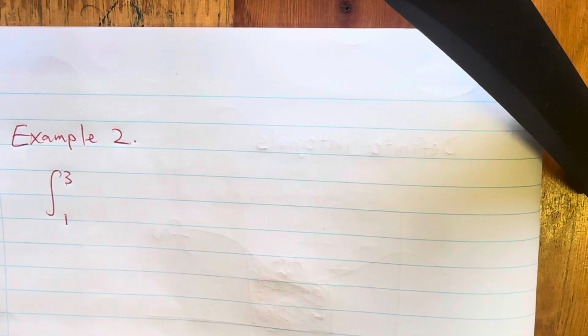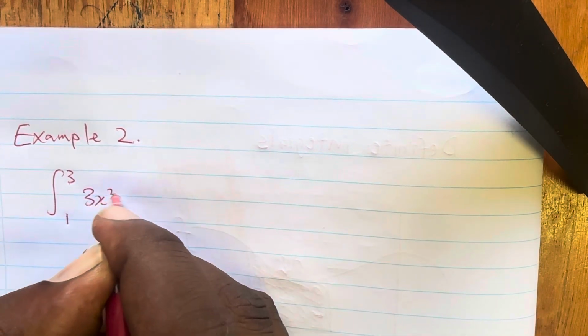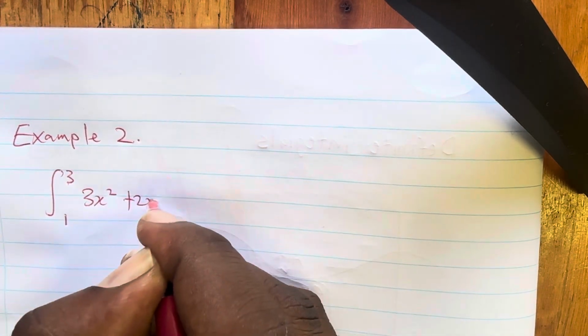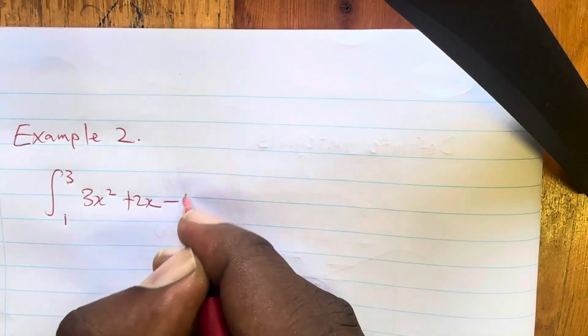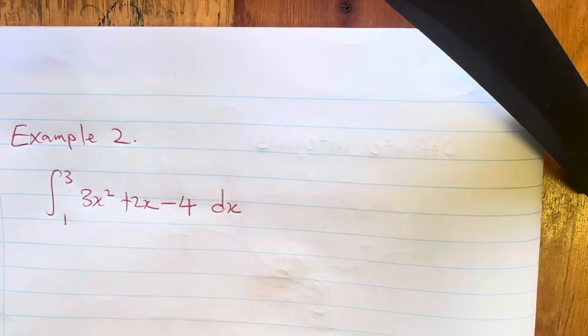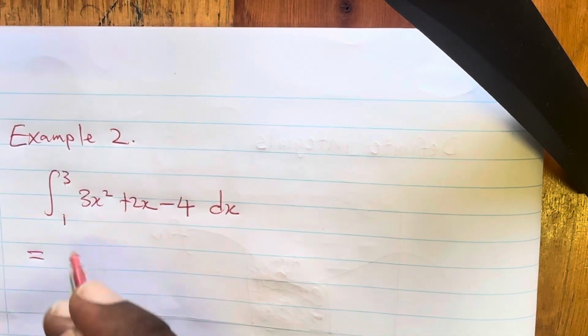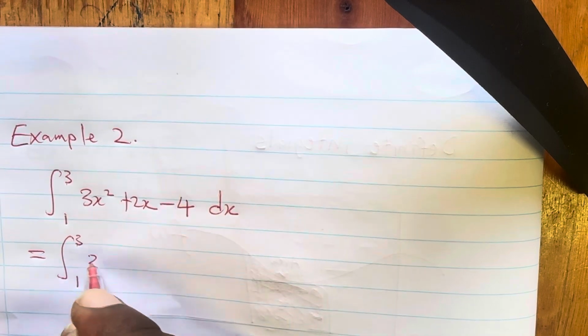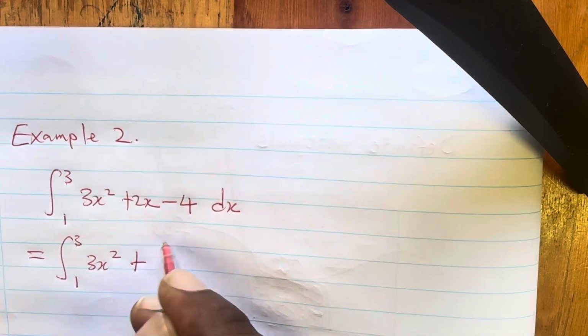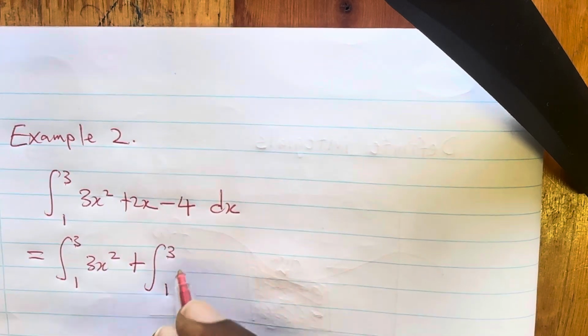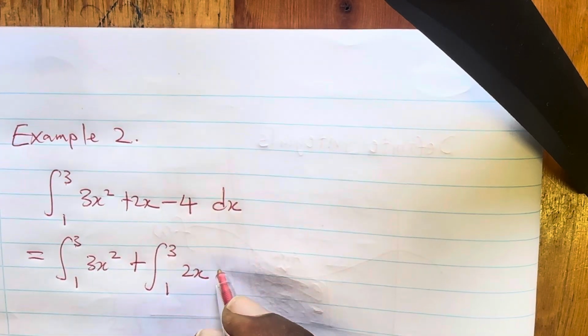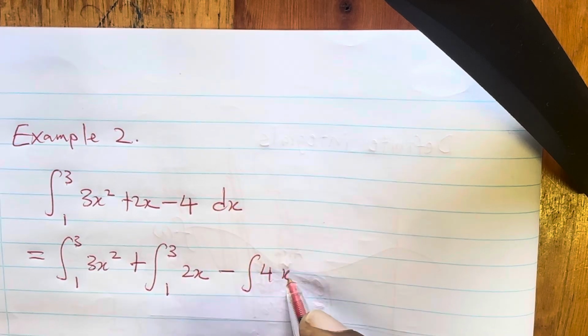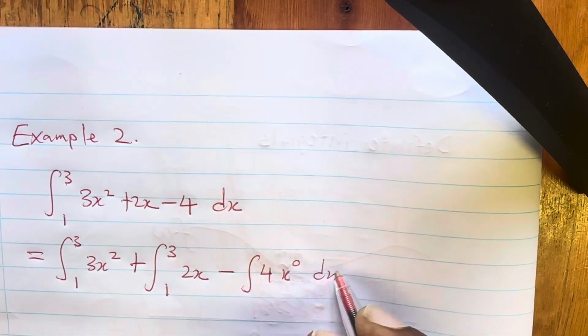We're given the integral from 1 to 3 of 3x squared plus 2x minus 4 dx. Before we integrate, we separate the integral: the integral from 1 to 3 of 3x squared, plus the integral of 2x, minus the integral of 4x raised to exponent 0, dx.